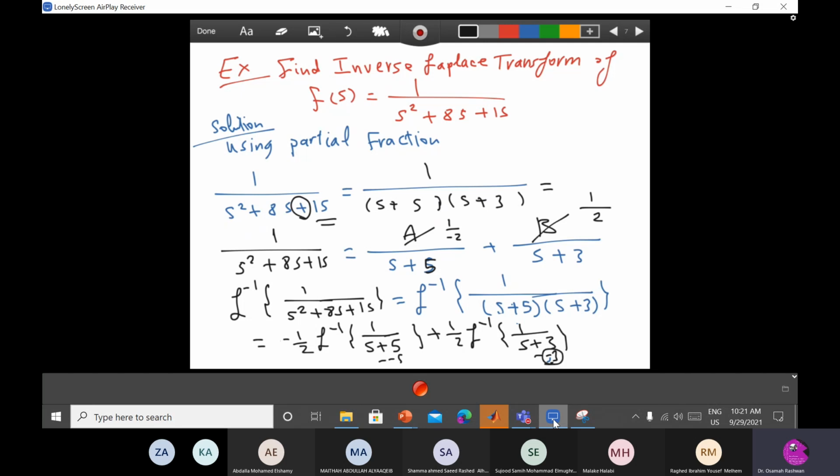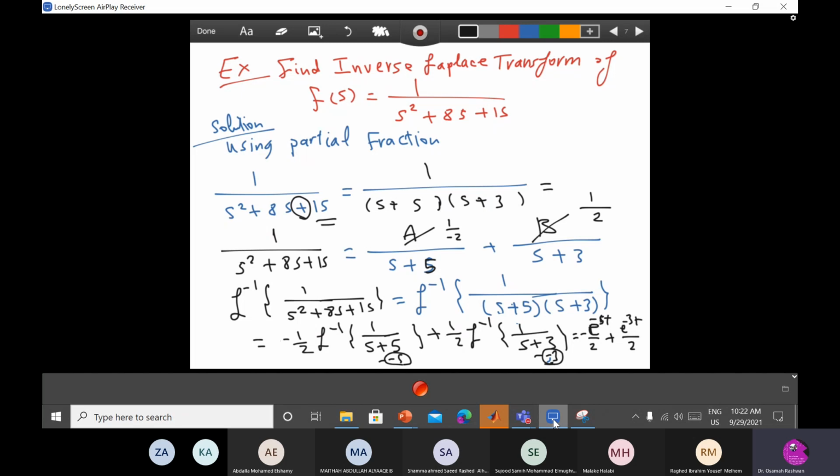So a is minus 3 here, a is minus 5 over here. So what is that? Yes, it is minus half e to the minus 5t plus e to the minus 3t over 2. This is the Laplace inverse.